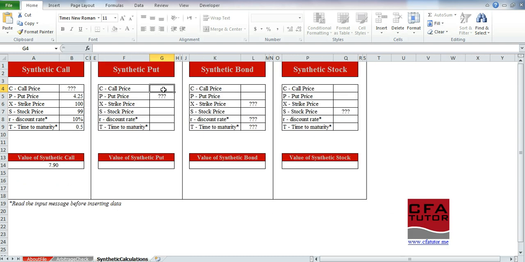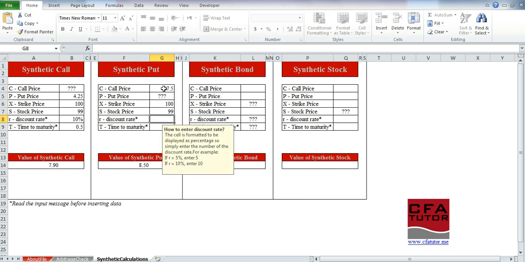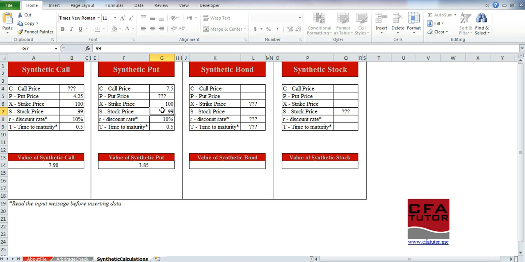If we do the same thing with the put option right now, if we assume 7.5 and then a strike price of 100, 99, 10, and 0.5, we end up with a value of synthetic put of 3.85, which is again different by 0.4 from the 4.25 that we originally had. We do the same here, over here, 7.5, 4.25, 10%, and then we get a value for the synthetic bond to be 6.75.